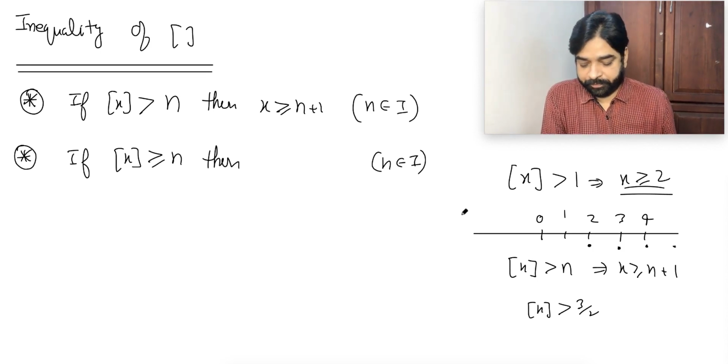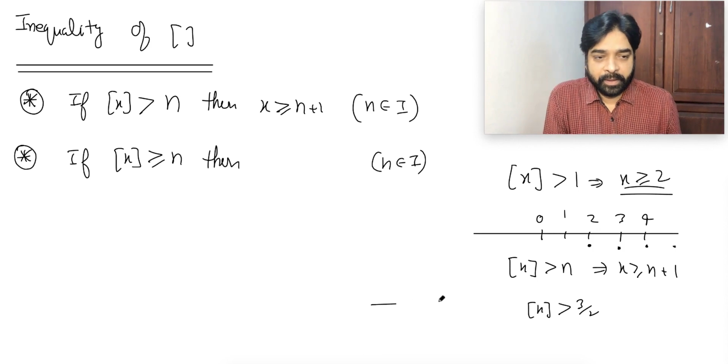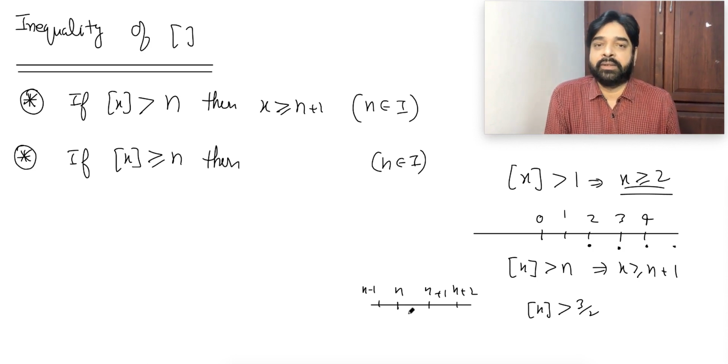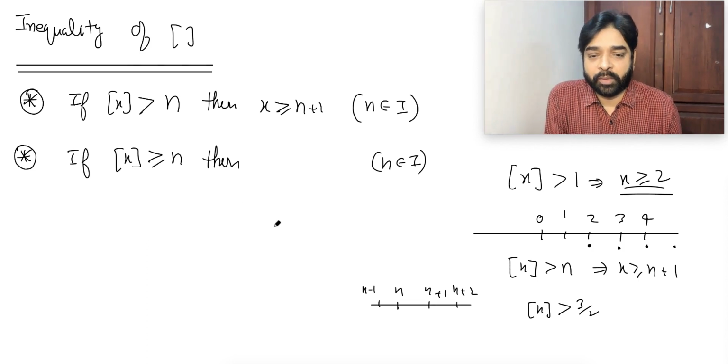We can write n here, n plus 1 here, n plus 2 here, n minus 1 here. The greatest integer of x greater than or equal to n means this value is possible, this value is possible, this value is possible.